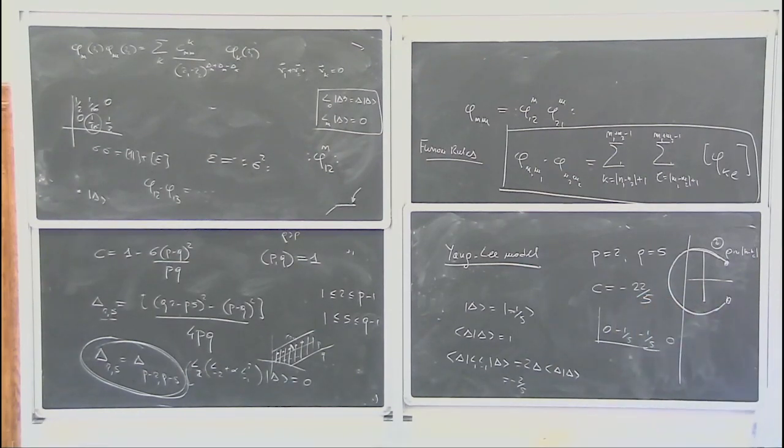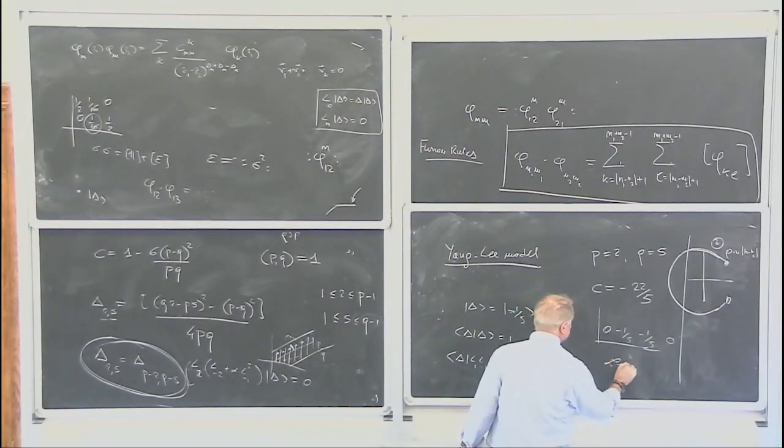So the question that Michael Fisher posed was, if I have something that is anomalous, I know that I can describe it in terms of field theory. So what is the field theory associated to the zero of Yang-Lee? And the answer is absolutely interesting.